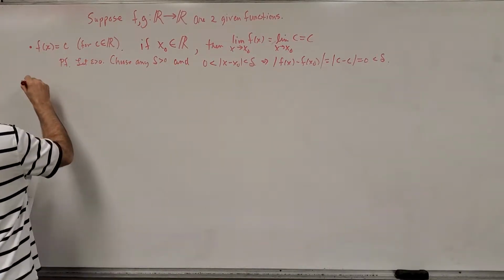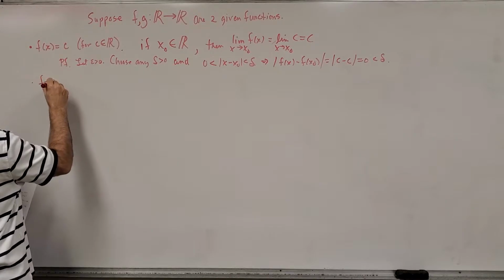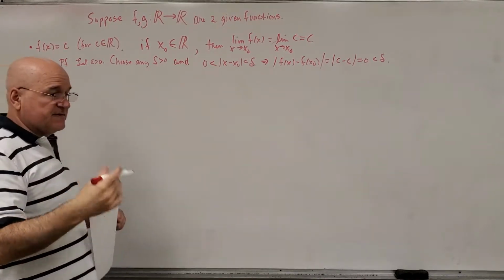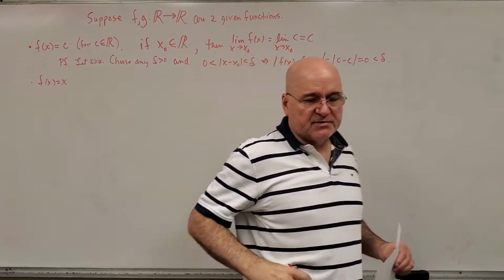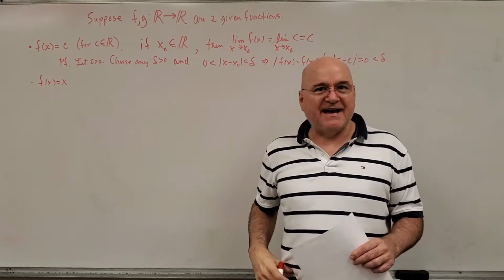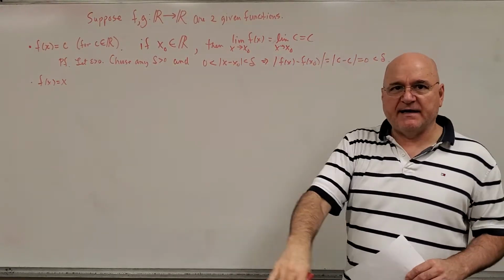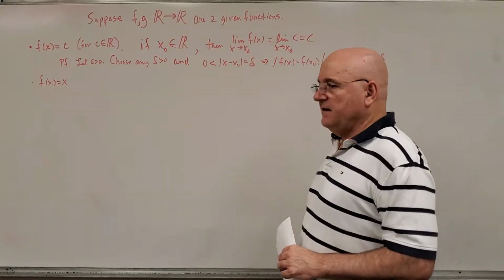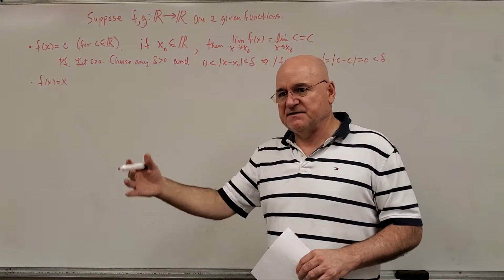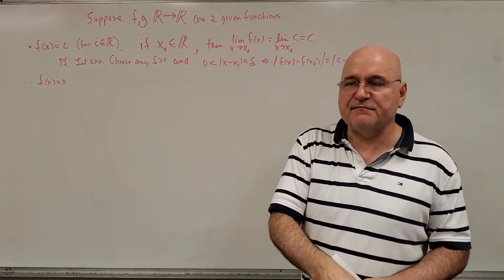Now let's take a look at the identity function. f of x equals x for all real numbers. So if you were to graph that, we know what we get. We get that 45-degree angle going through the origin. And f of 5 is 5, f of 10 is 10, f of negative pi is negative pi.